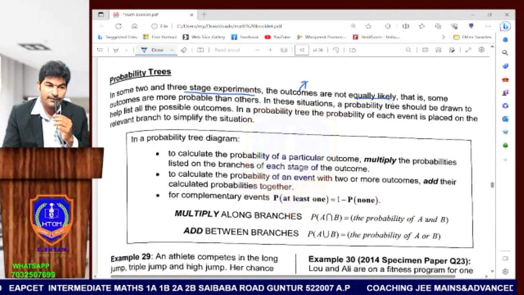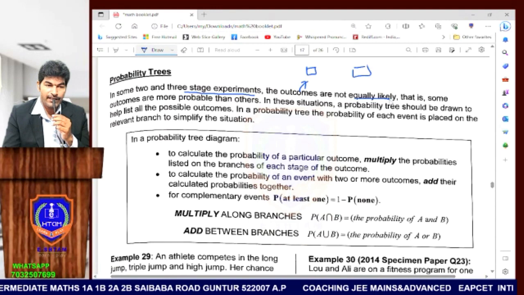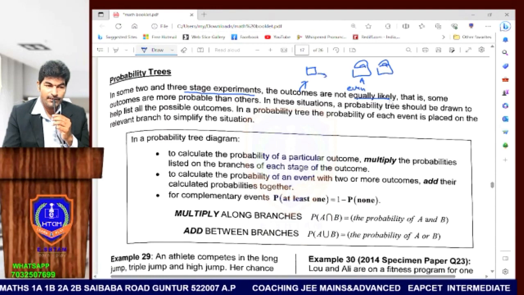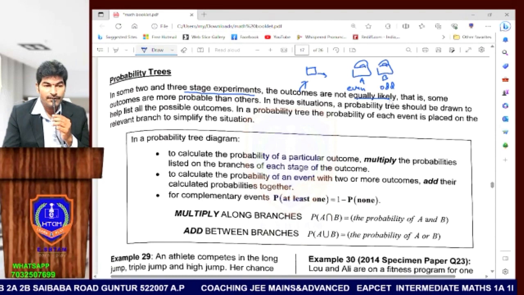Like selecting and rolling a die, and if you got an even number, select a bag out of 2 bags: select bag A for an even number on the die, and select bag B for an odd number on the top of the die.